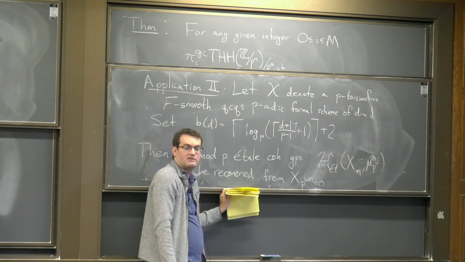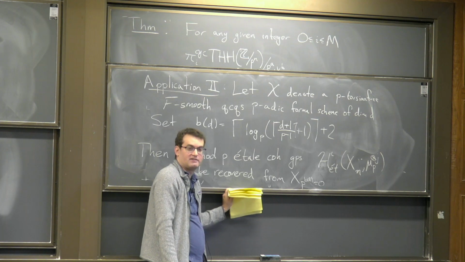So it can have V1 torsion, but it can't have high power V1 torsion. So if you want to understand what happens when you invert V1, it suffices to understand what happens when you mod out by some power of V1 that exceeds Bhatt and Mathew's torsion bound.